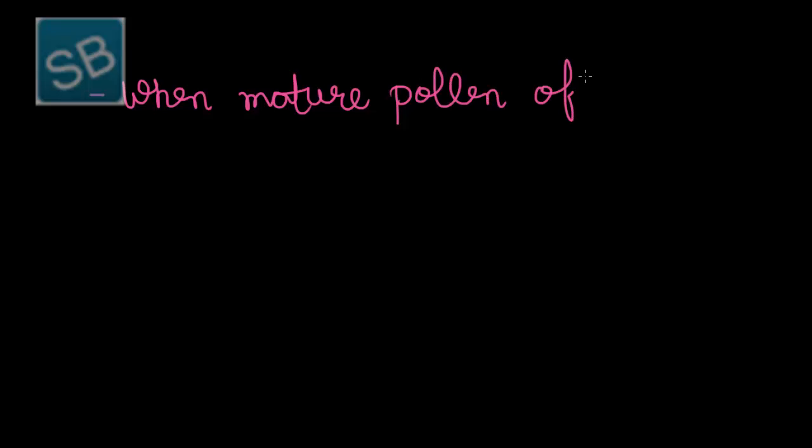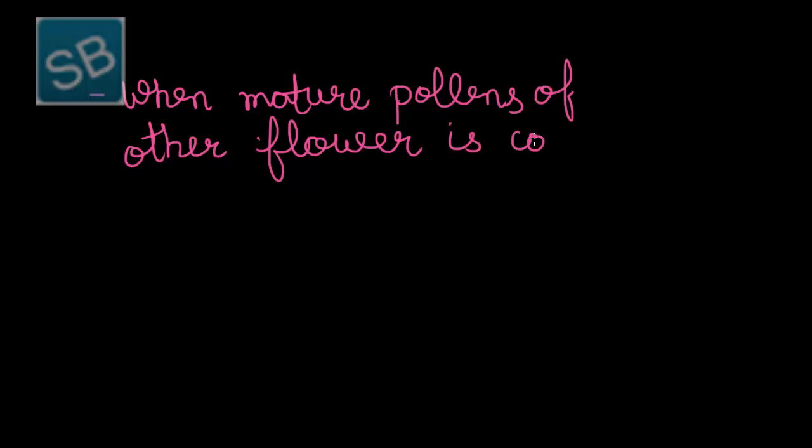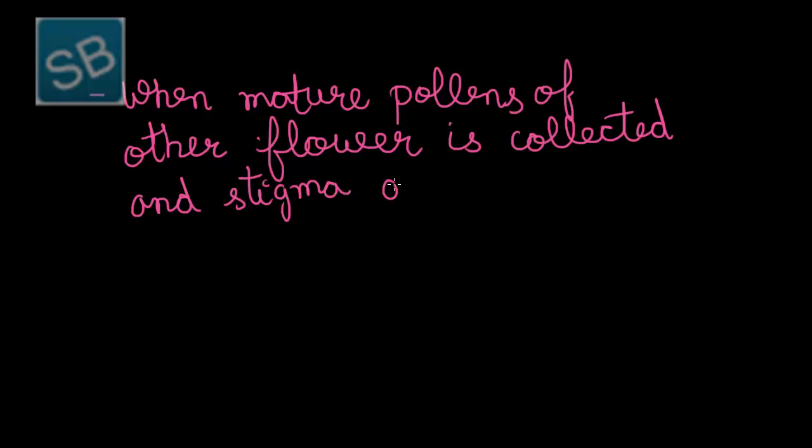Following the bagging technique, when the mature pollen grains of the other flower are collected and the stigma that is placed within a bag becomes receptive, then the third process, cross-pollination, occurs.